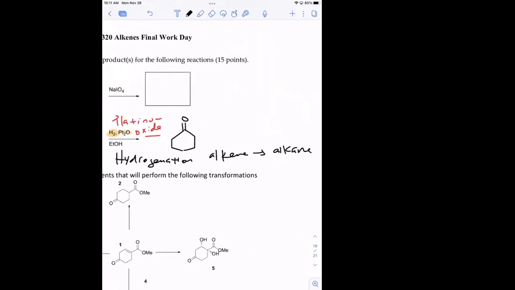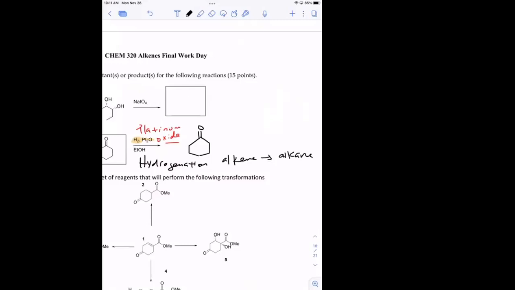The hydrogenation will take an alkene to an alkane.